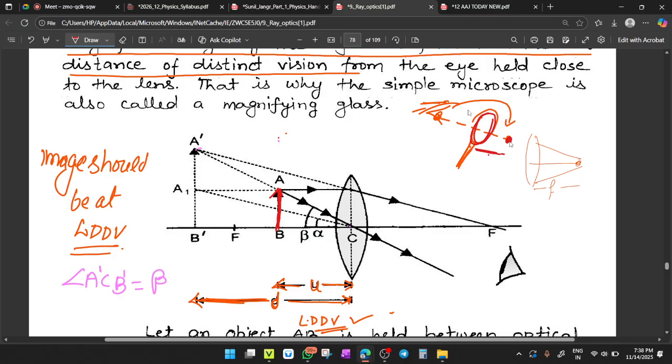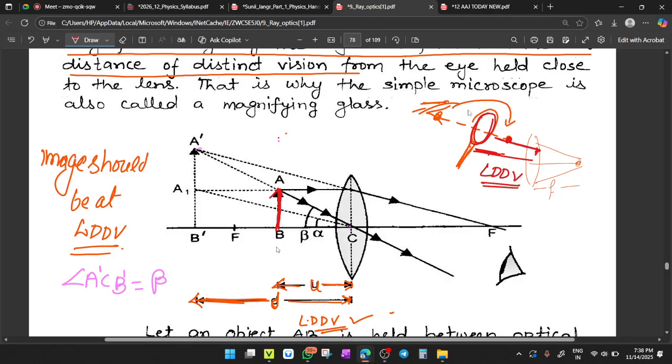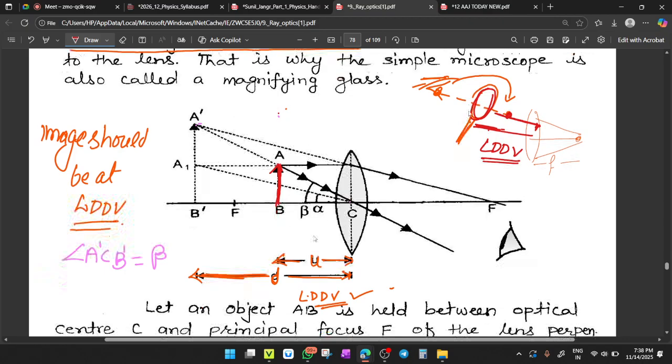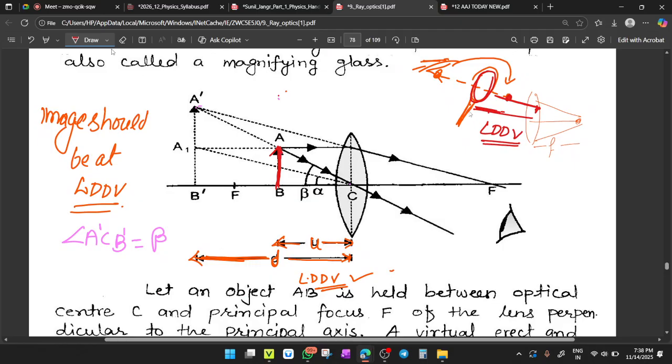So you move the object closer or farther away until it forms a clear image, and this is called LDDV for this object. So you move it backside and bring it to a distance of 25 centimeter. This is the capital D and becomes LDDV.